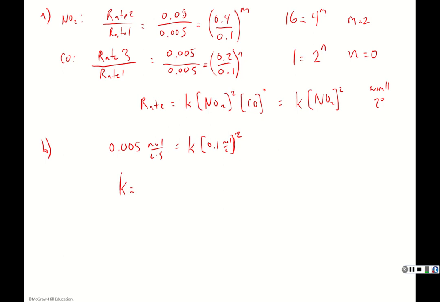So just in general, if we solve for K, K is going to be equal to the rate over NO2 concentration squared. So that's 0.005 moles per liter per second divided by 0.1 moles per liter squared.